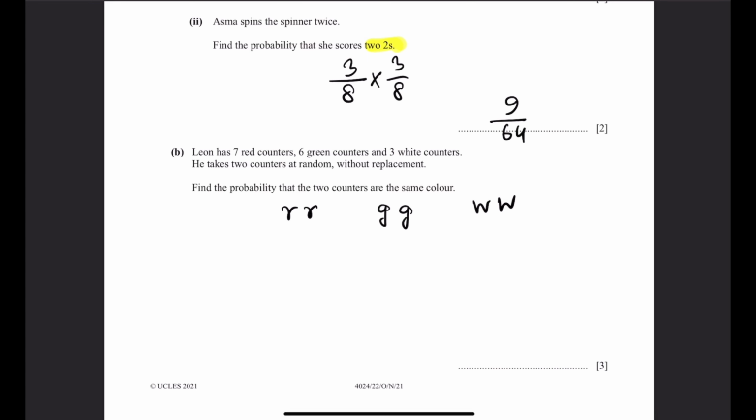To be red, first counter, it will be 7 by, total is 6, 3, 9, 9, 7, 16. And 6 by 15 plus. Green color, 6 by 16, then 5 by 15. Okay. Then white, that is 3. So 3 by 16 into 2 by 15.